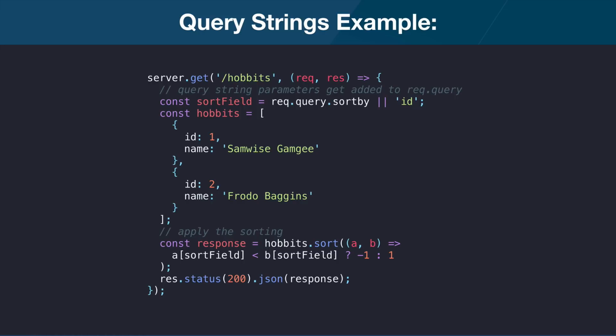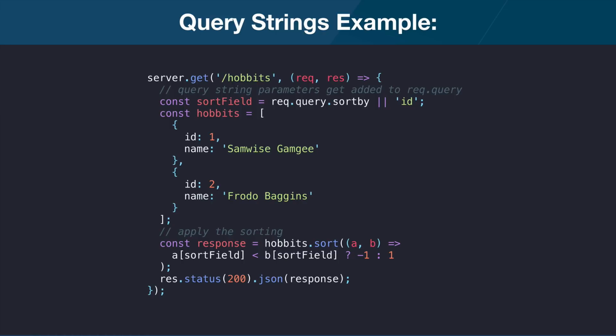Okay, so if we wanted to use this, how would we have to use it? Well, we would need a question mark and then sortBy, and set that equal to some value. And then we're using that sortField with this database of hobbits. Little did you know that an array in JavaScript could be a very nice database for prototyping. We have this array of hobbits, and we're going to sort those hobbits based on ascending or descending, like a 1 or a 0.